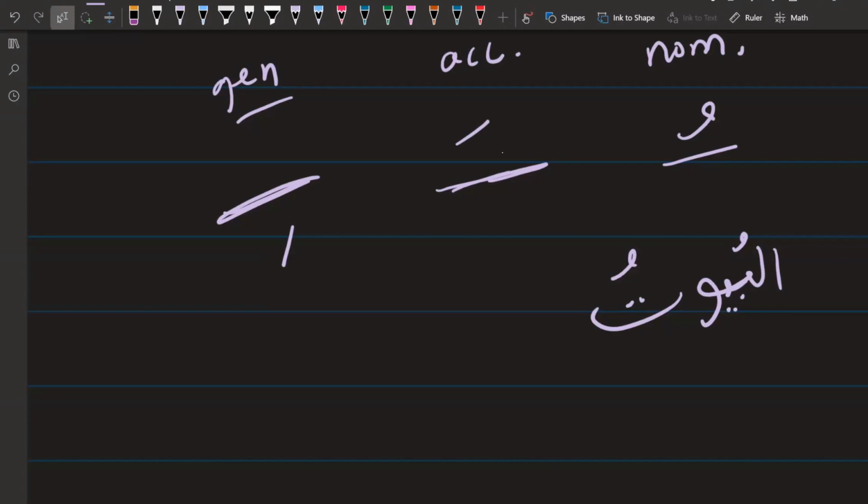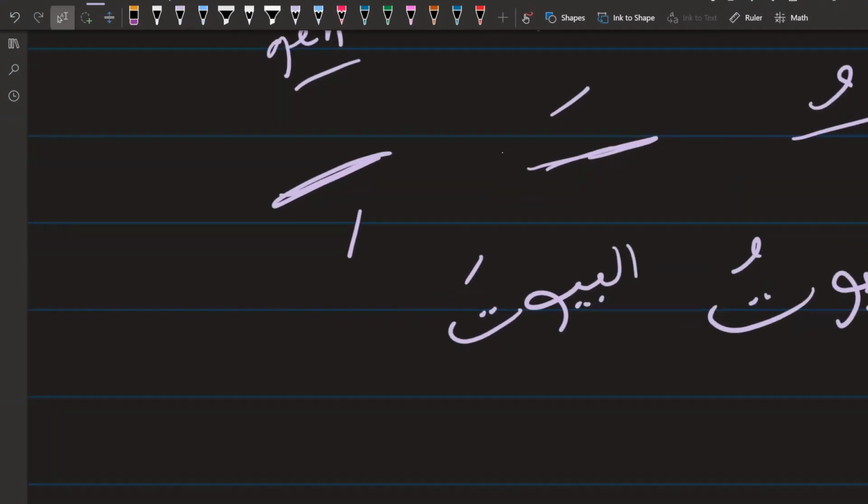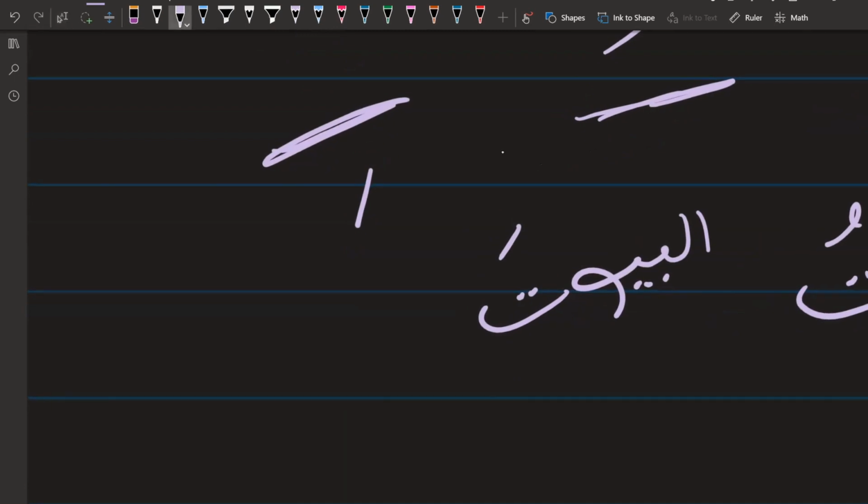So if something is an object, you can say buyut. What are you going to put here? Ta. Al buyuta. And you want to say you are going to houses, for some reason you're going to many houses. So you can say ila al buyuti, just like your singular noun, no problem.